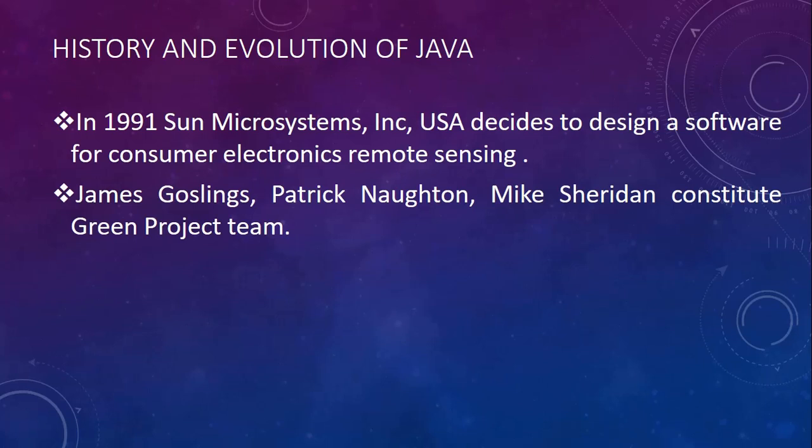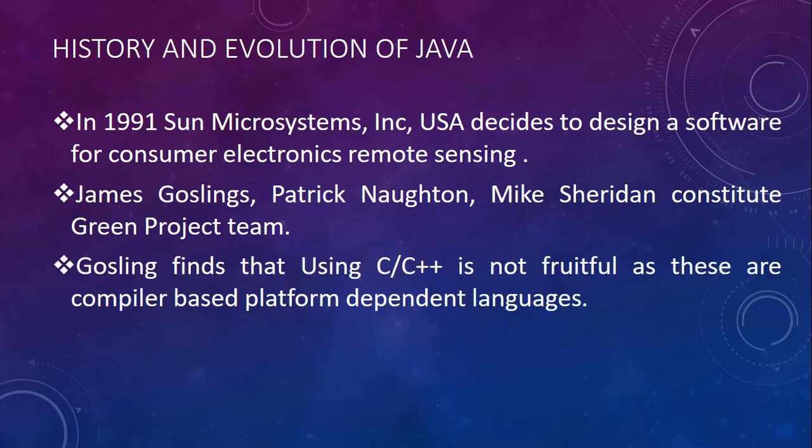James Gosling was in charge of programming. He found out that C and C++, which were the predominant languages during that time, were not fruitful in these cases, as these languages were compiler based and platform dependent languages.